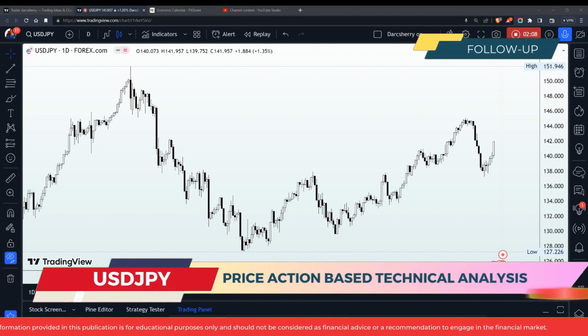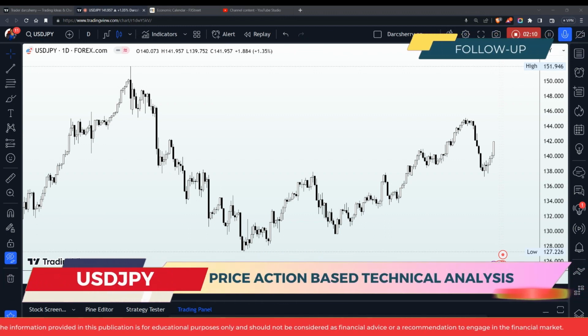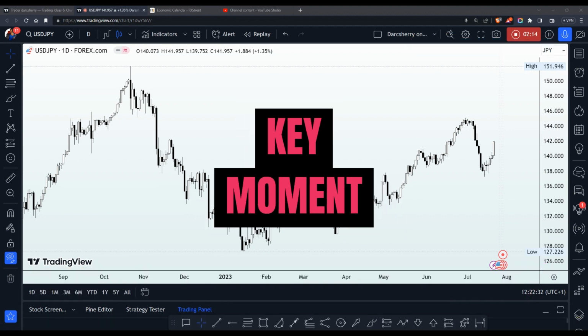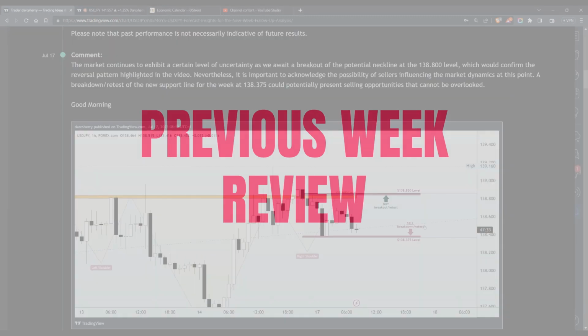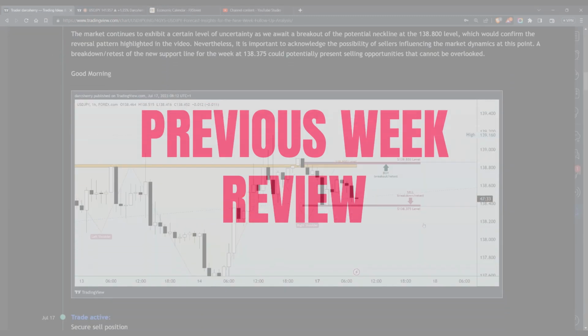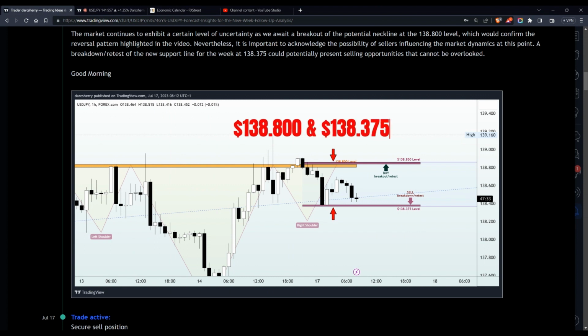But before we delve into the technical intricacies of the upcoming week, let's take a few moments to reflect on the key moments that influenced our decisions in the previous week. Now, talking about last week's trading session, we saw how the week started with a range right around that potential neckline of the head and shoulder pattern we identified at the beginning of the week.